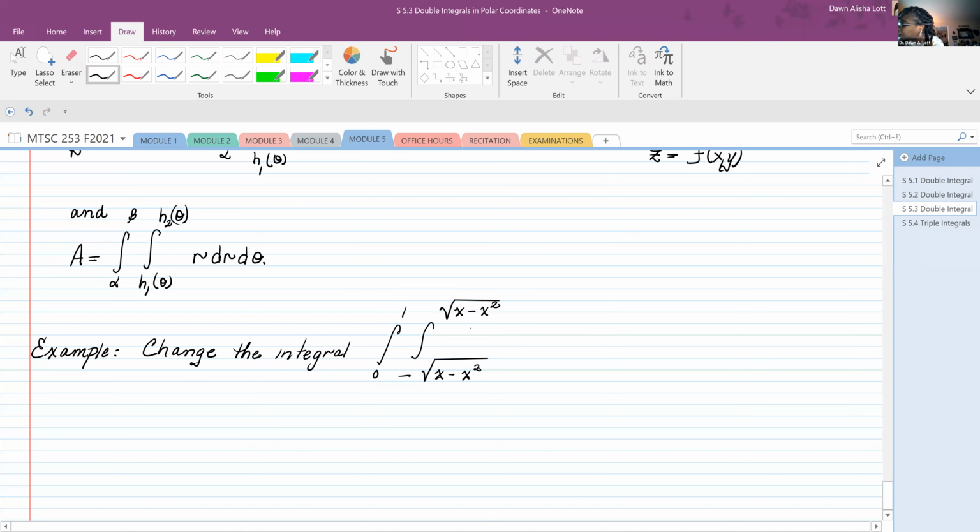And the inside is x squared plus y squared dy dx. And we start there tomorrow.